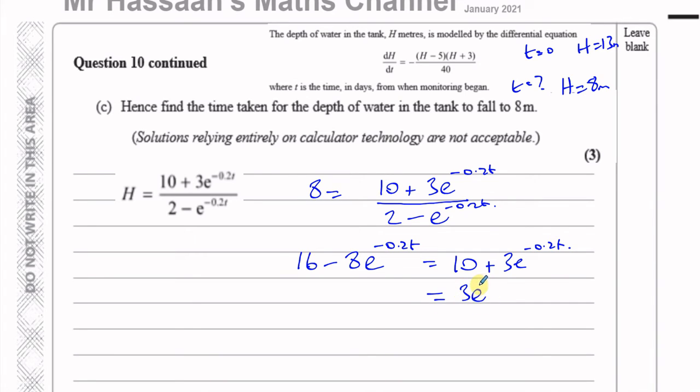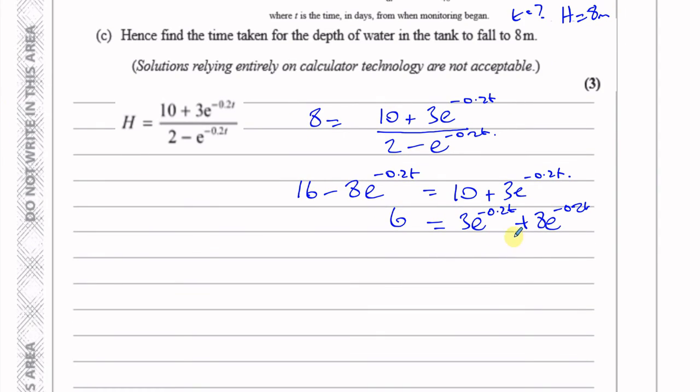So this is 3 times e to the power of minus 0.2t plus 8 times e to the power of minus 0.2t. Okay, and this side is going to be 16 minus 10, which is going to be 6. All right, so I can add these two. That's going to be 11 e to the power of minus 0.2t equals 6.